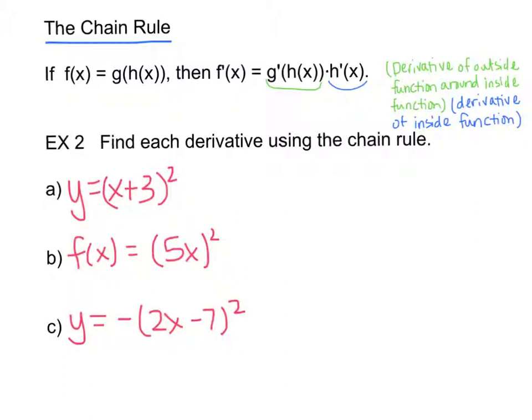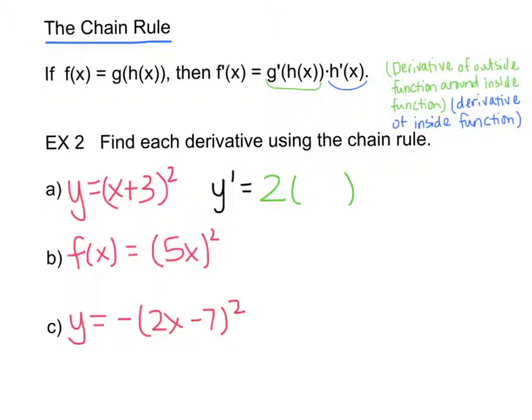So let's take some derivatives using the chain rule. In part A, my y prime is going to be the derivative of the outside function, and in this case, the outside function is just x squared. So to take the derivative of x squared, I would do 2 times my x, which in this case is a function, and then the power of 2 would become an invisible power of 1.